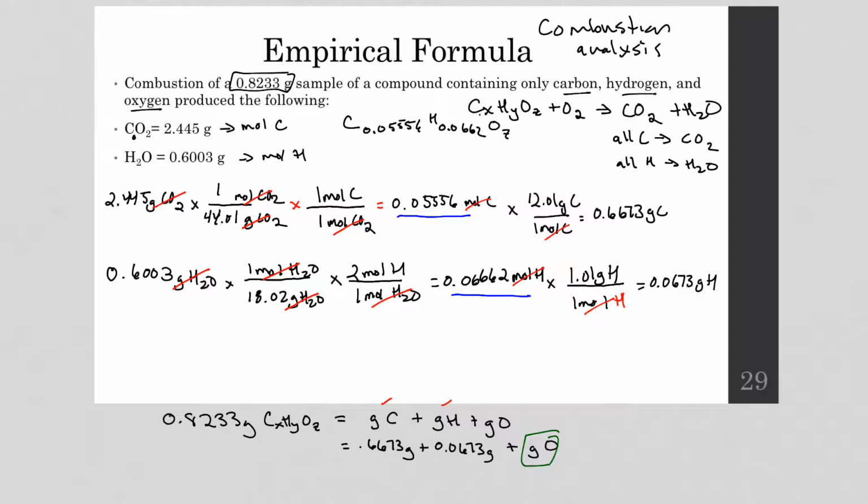So I'm going to take my 0.8233 grams minus, if I add these two up, I get 0.7346 grams. And if I do that, this is going to equal grams of oxygen, and that equals 0.0887 grams of oxygen.